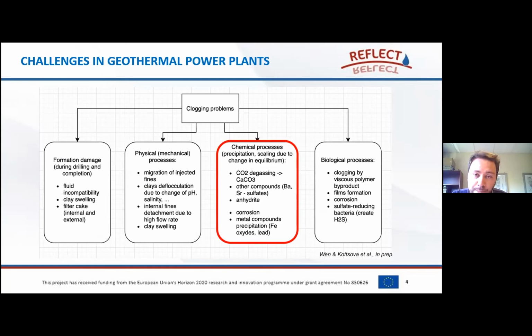These problems can be seen in production wells, reinjection wells, transmission lines, and even the surface equipment system in geothermal power plants. So the most common technical problems are chemical problems, of course.